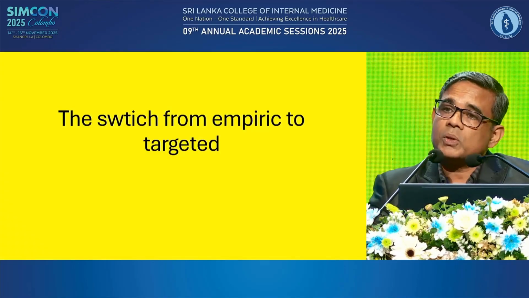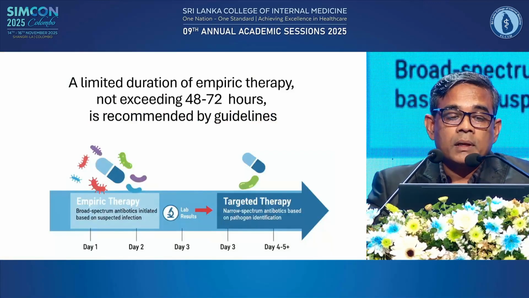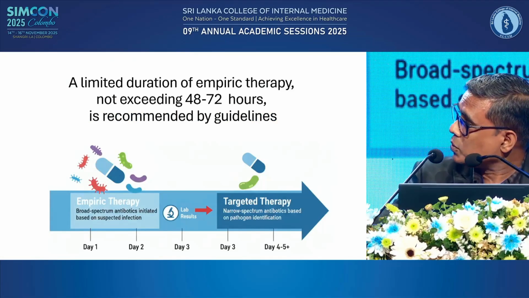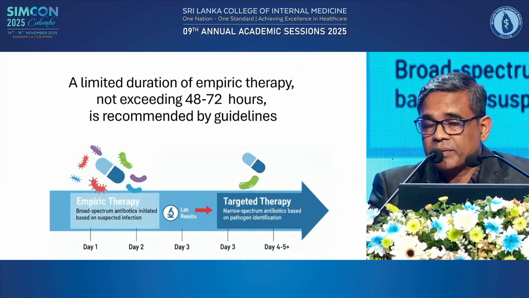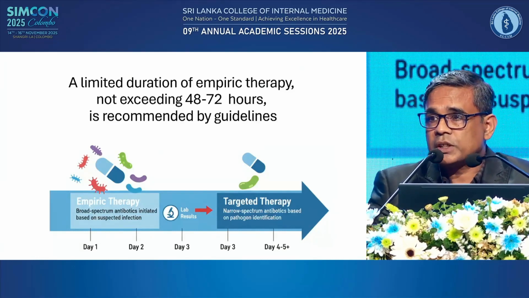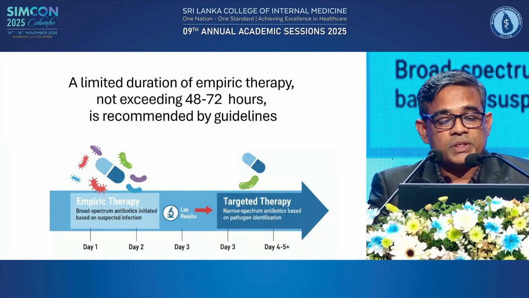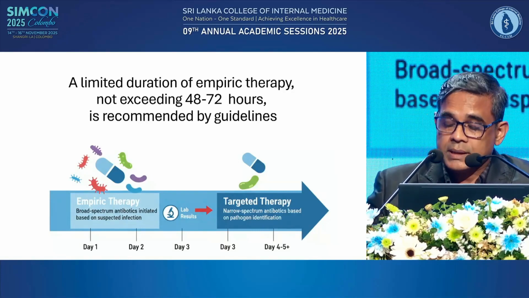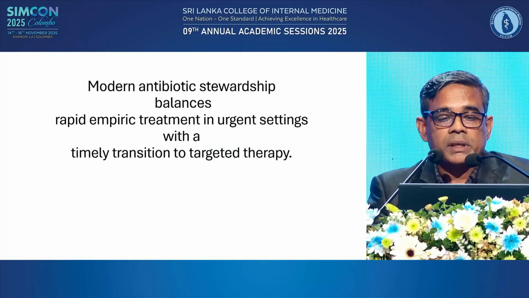So how are we going to switch from empiric to targeted therapy? Within day 1 or day 2, you think whether the patient needs empiric therapy, that is sepsis or septic shock, and you give empiric therapy. If the patient is not having sepsis or septic shock, you can wait for lab results and consider converting to targeted therapy with input from the laboratory.